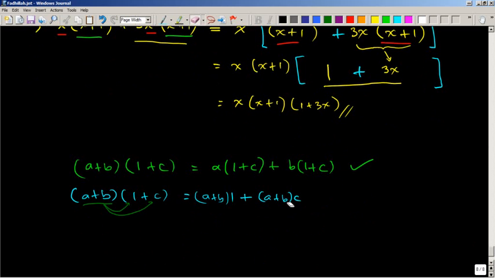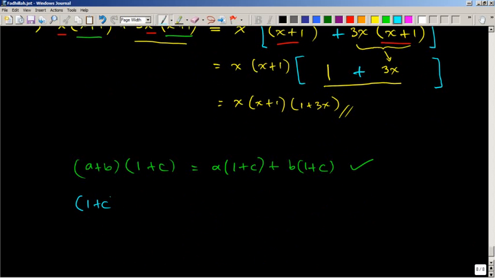Let me do this. I terbalikkan the expression. If I put 1 plus C times A plus B, what is your answer? What is your answer?